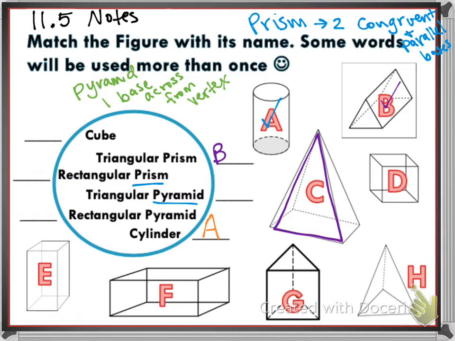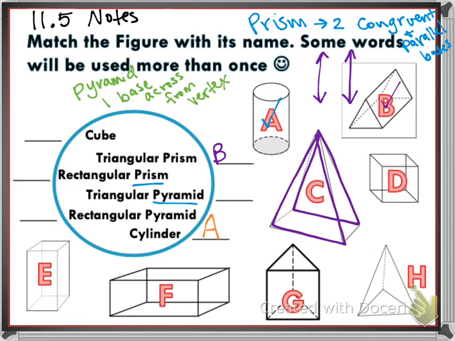If you look at our pyramid, let's say this front portion we were investigating to see if it was the base. It is across from this back triangle, but they are not parallel because they touch at the vertex at the top. So this is a pyramid. Definitely a pyramid.